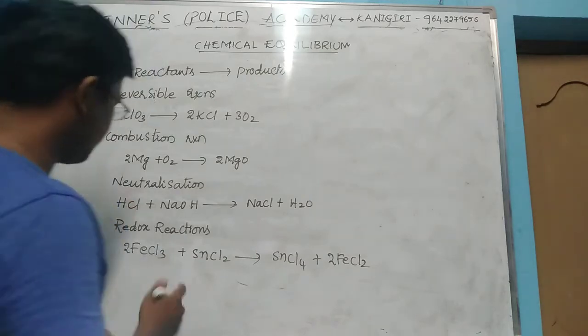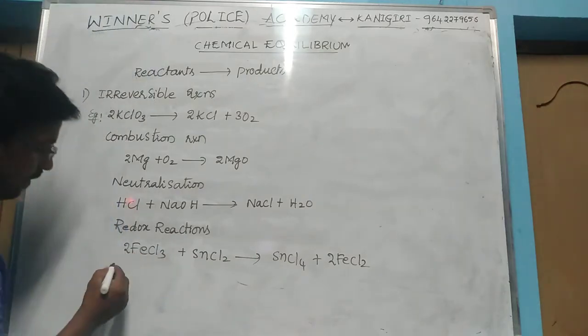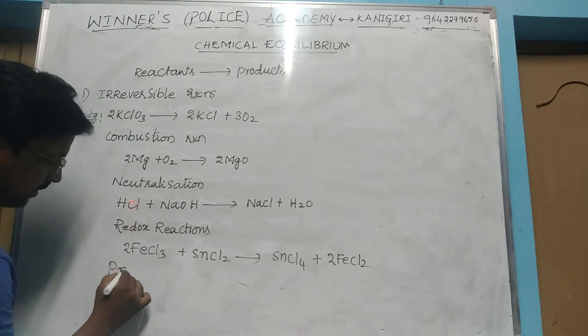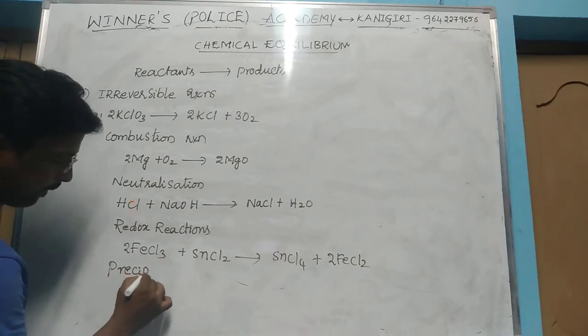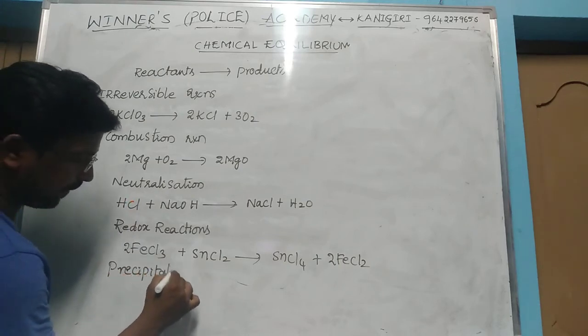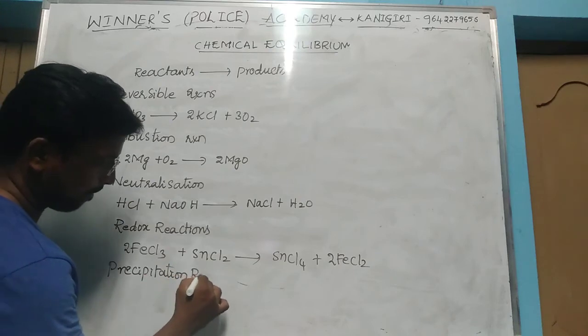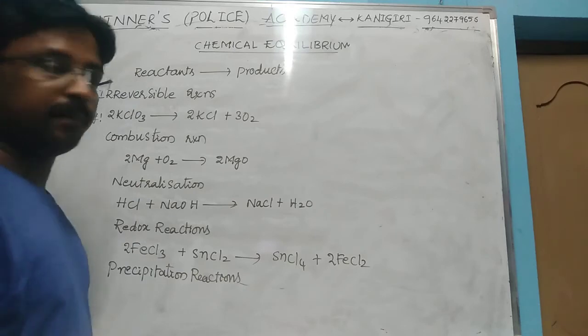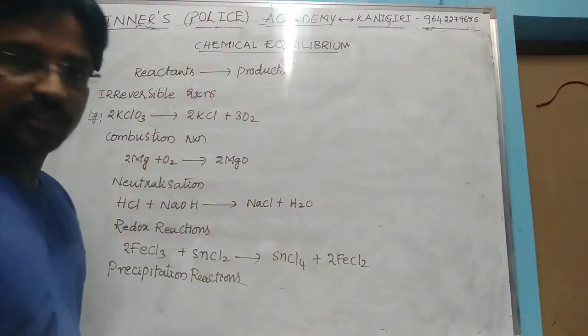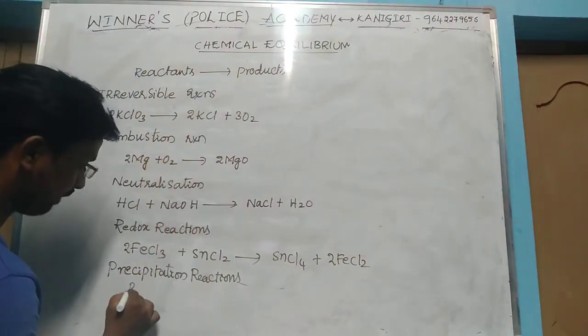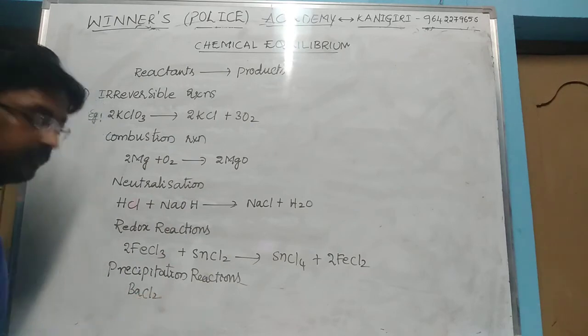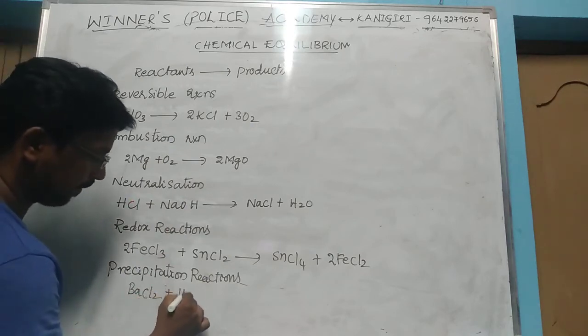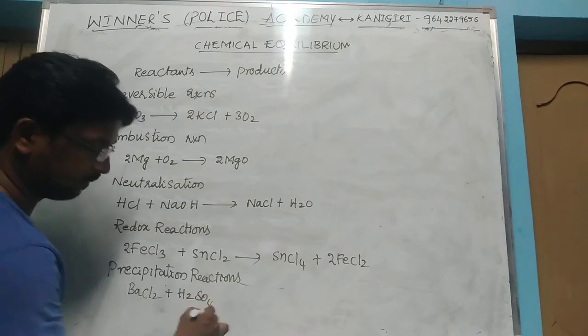And let us see another example here. It is precipitation reaction. The precipitation reactions are also an example of irreversible reactions. So let us see. BaCl2 reacts with H2SO4.